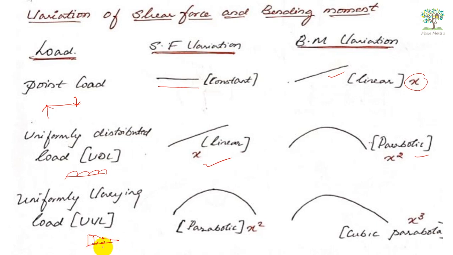In between the two points, if it is a UVL, the shear force will vary parabolically and bending moment will vary in the form of cubic parabola as I represented. Okay, this is how you can understand how to represent the variation of shear force and bending moment between the two points whenever it is point loads or UDL or UVL.